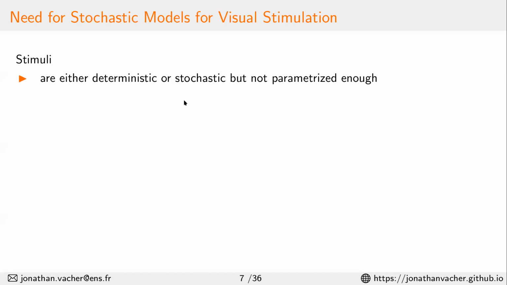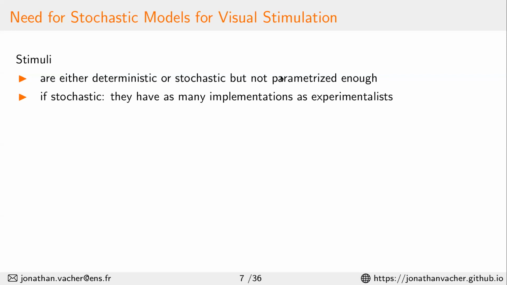So in the field, as I said, the stimuli are either deterministic or stochastic, but there is no specific parameters. So you were defining a law on the position of pixel value or on the law of small gabors.